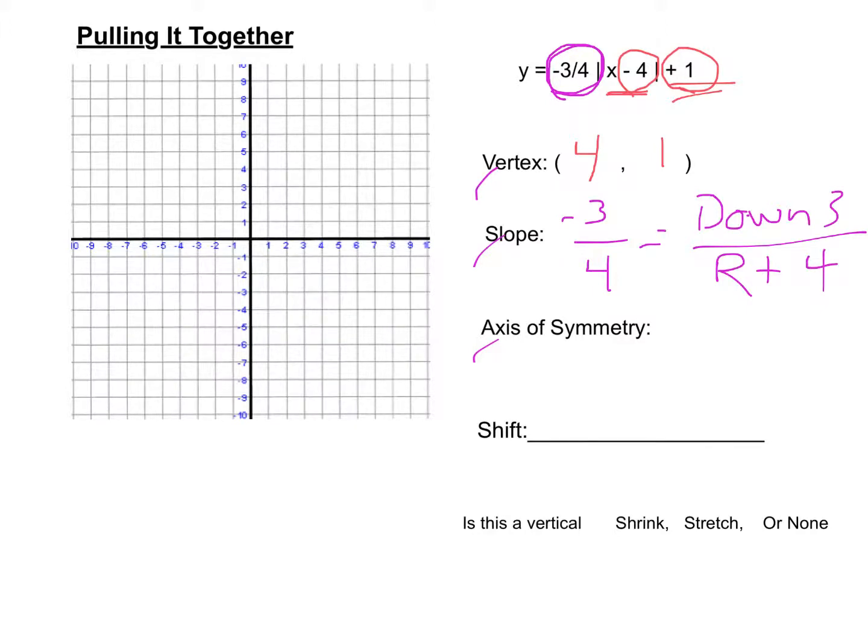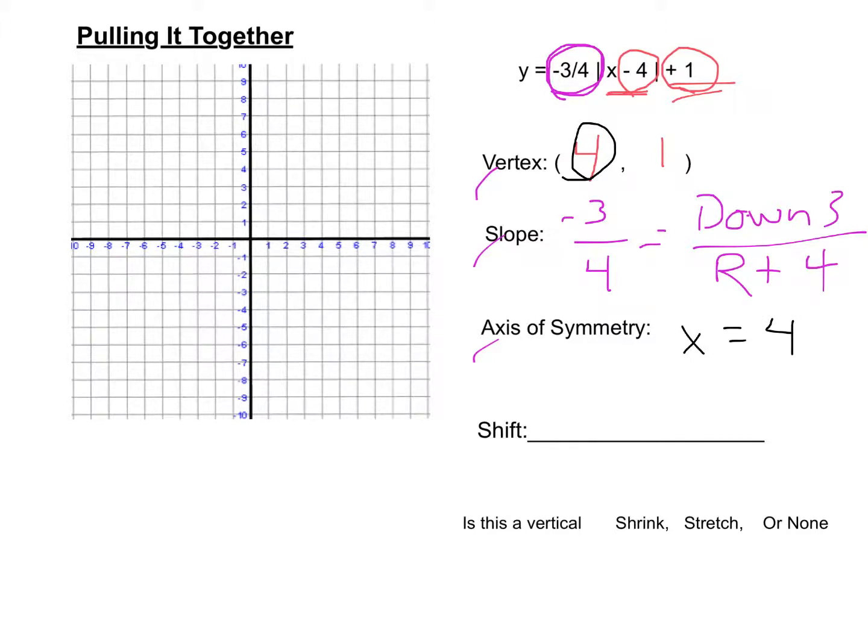This acts like a mirror in math. So what the points do on one side, you do on the other side as a reflection. Now remember, to find the axis of symmetry, we just say x equals 4. The axis of symmetry is the x coordinate of the vertex. So that's 4. All right.